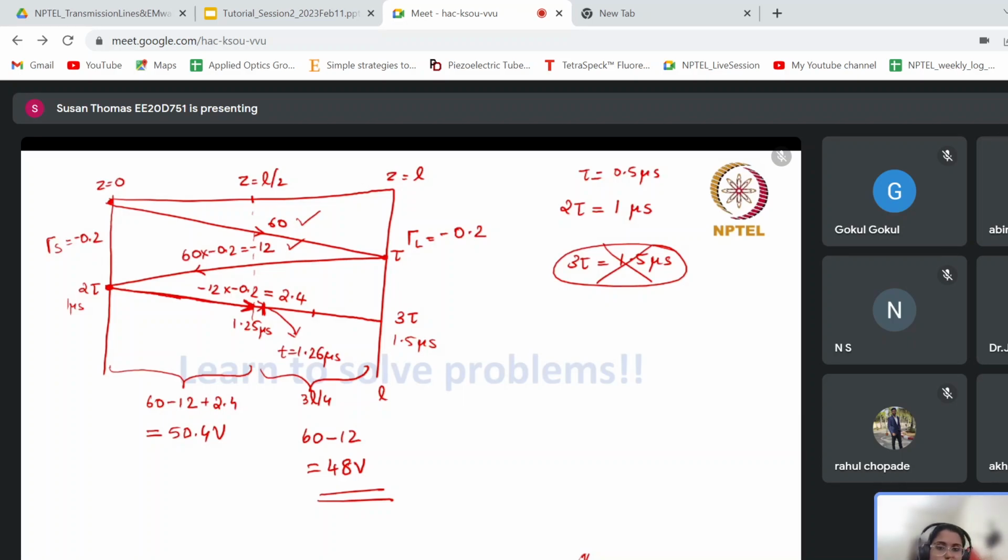So I think it's clear to everyone. The question was, where is the voltage greater than 48 volt. Voltage is greater than 48 volt at z equal to 0, at z equal to L by 4, which is 1/4 of this, and also at z equal to L by 2, because at all these points the voltage is 50.4, but immediately after the center of the transmission line it is just 48 volt.